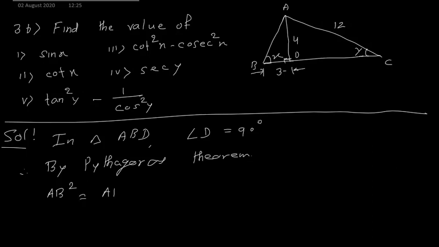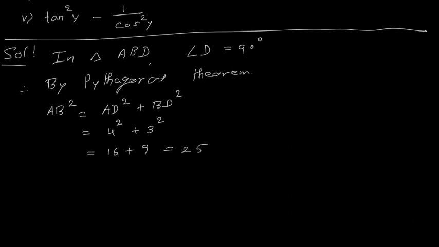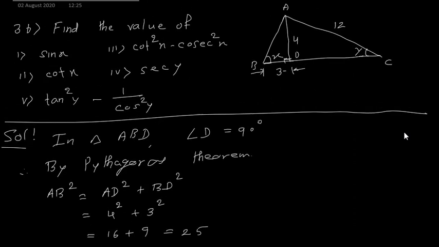The value of AD is 4, so this is 4 square plus the value of BD is 3, so this is 3 square. Now 4 square is 4 fours are 16. 3 square is 3 threes are 9. 16 plus 9 is 25. So AB square is 25. Therefore I will say that AB is equal to 5. The value of AB we got is 5.